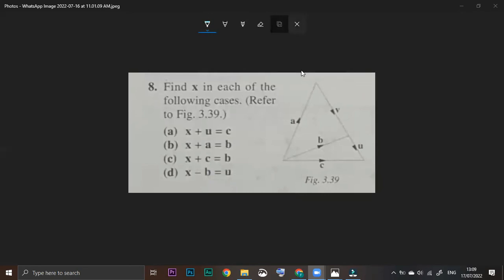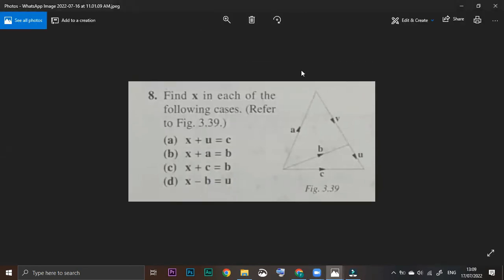This vector is C. This one is U. This one is V. This one is A. Part A is x plus U is equal to C. X is equal to C minus U.